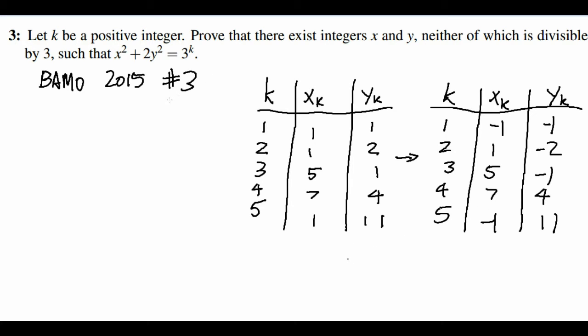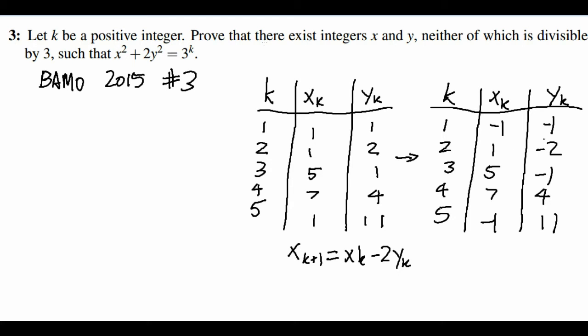If we have the table like this, we see that xk plus 1 is equal to xk minus 2yk, which is interesting. As you can see, this value 1 is negative 1 minus negative 2 times negative 1, which is plus 2, so negative 1 plus 2, which is 1.